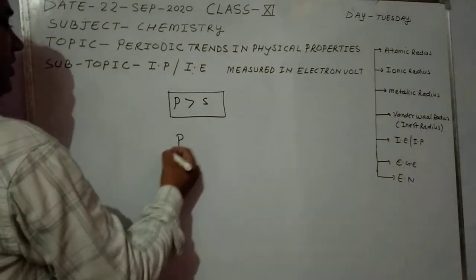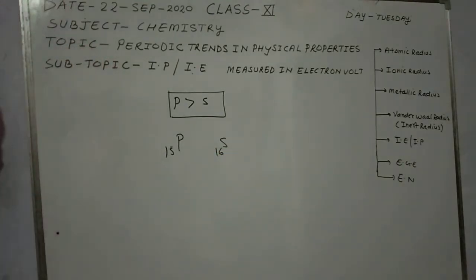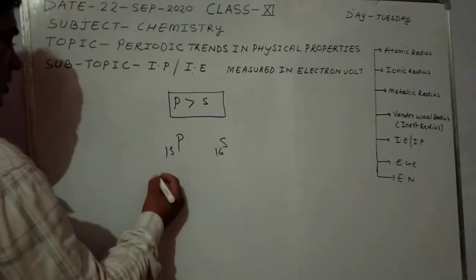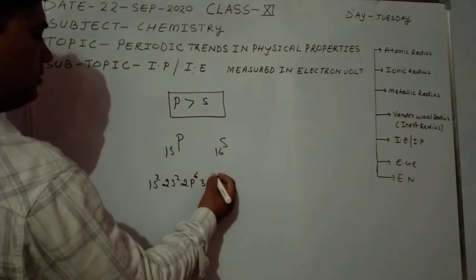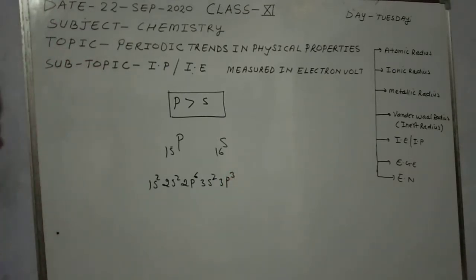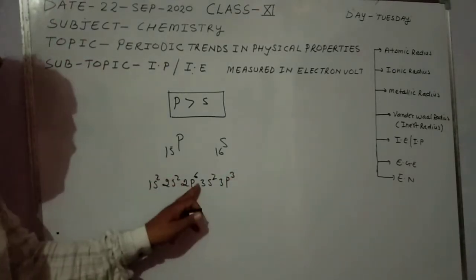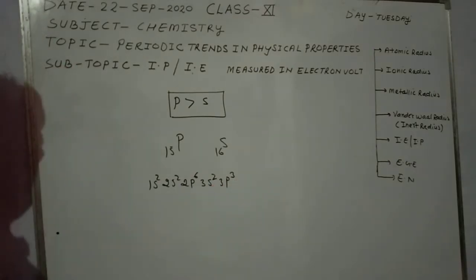The atomic number of phosphorus is 15 and sulfur is 16. So you are required to write the electronic configuration 1s2, 2s2, 2p6, 3s2 and 3p3. 2 plus 2, 4 plus 6, 10 plus 2, 12 plus 3, 15.